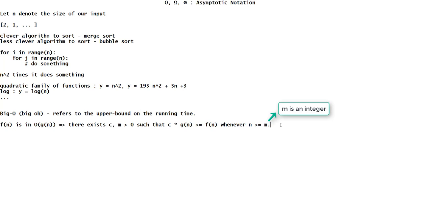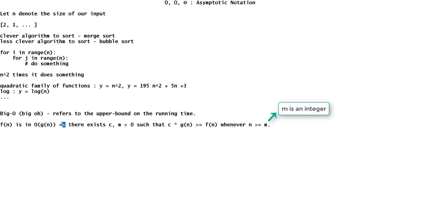Asymptotic means whenever n is greater or equal than m, this is going to be true. It need not be true all the time, in particular when n is less than m. It could be true, but it need not be. Although whenever n is greater or equal than m, this has to be true for f of n to be in O of g of n, right?